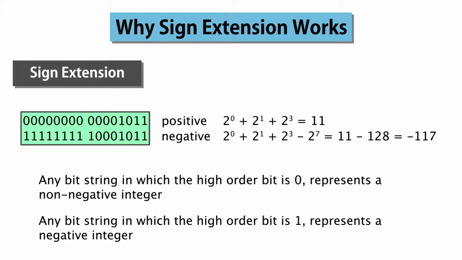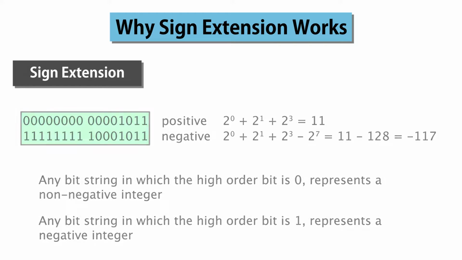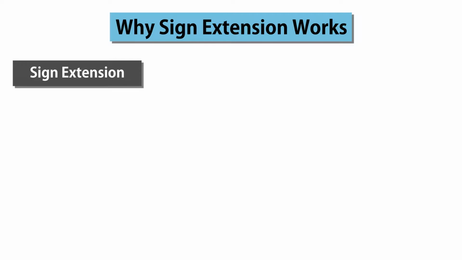But let's argue that it works in general to do this type of sign extension on negative numbers. Let's consider an arbitrary negative 2's complement number in W bits. Any such number will have this form. That is, there will be a leading 1 followed by W minus 1 other bits. For convenience, let's abbreviate that as follows. Here, B is the bit string except for that leading 1.